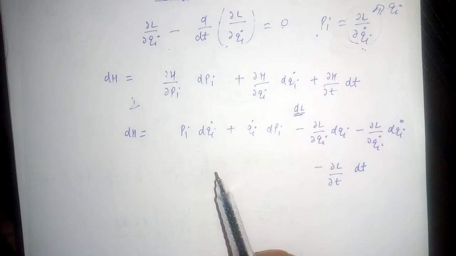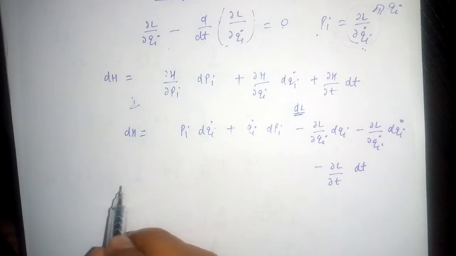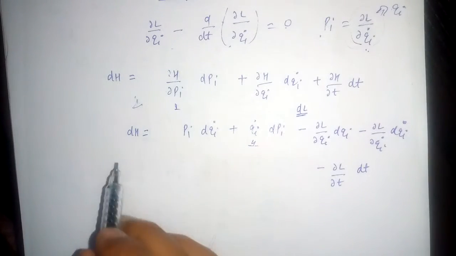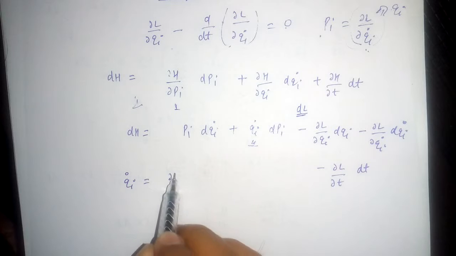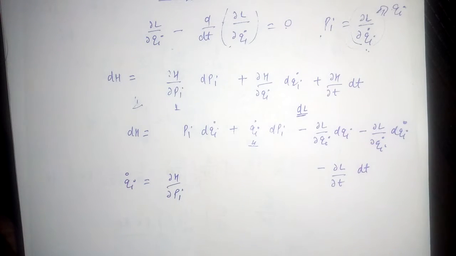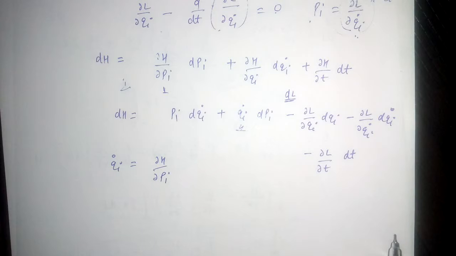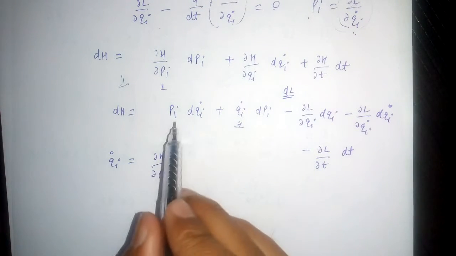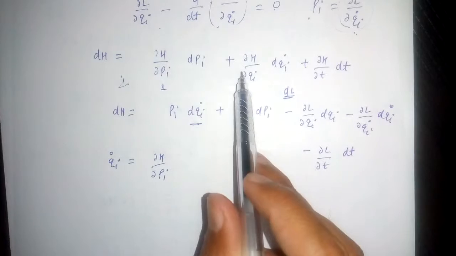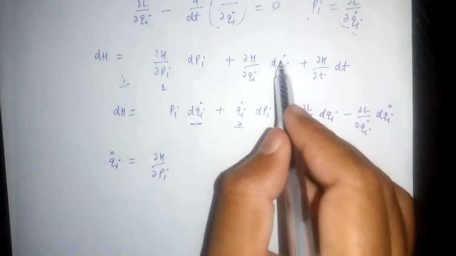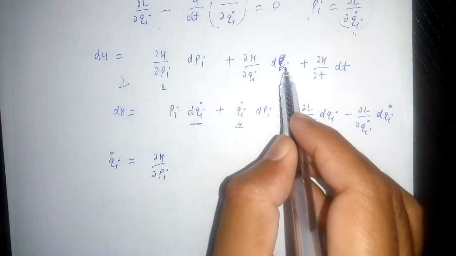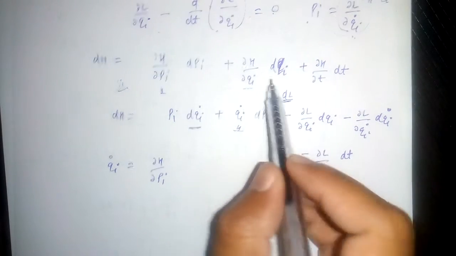Compare both sides, then what will we get? This qi dot will be delta H upon delta pi. And the next thing, in this there is no term of qi dot here. Sorry, this is qi, not qi dot, because the Hamiltonian does not depend on qi dot.